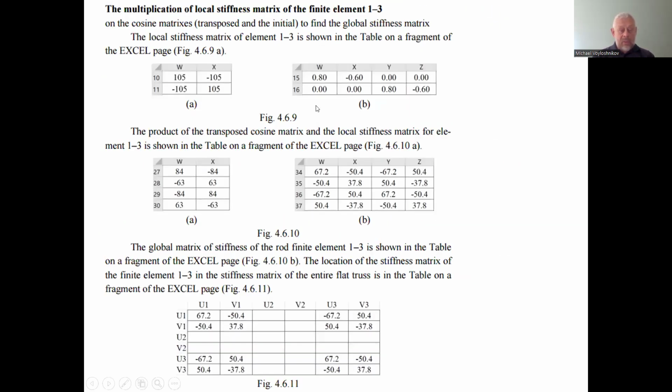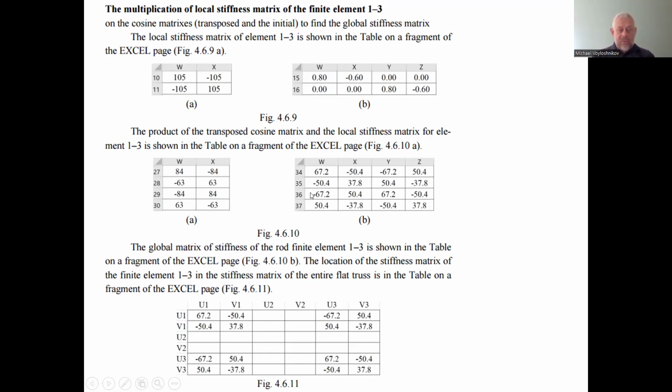we did all this. And it is a little bit different, the location of the results of finding the stiffness matrix for the third finite element in the template when finding the stiffness matrix of the mechanical system, the truss, in the global coordinate system. So we have to obey the rule that the third finite element is between the first and the third nodes.